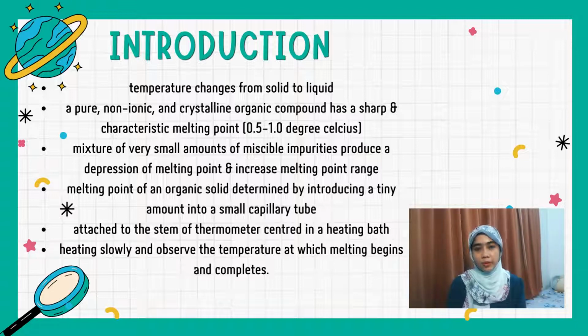The melting point of an organic solid can be determined by introducing a tiny amount into a small capillary tube. Then it is attached to the stem of a thermometer in a heating bath, and the bath is heated slowly while observing the temperature at which melting begins and completes.